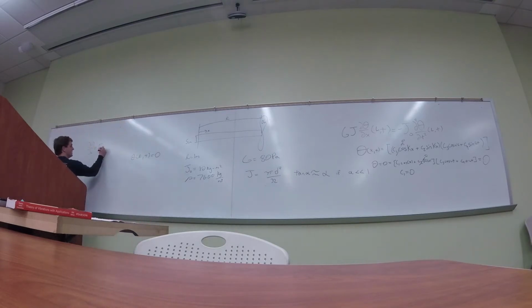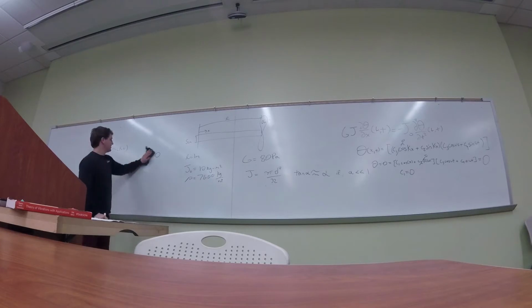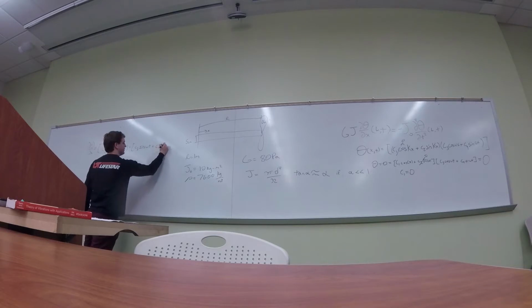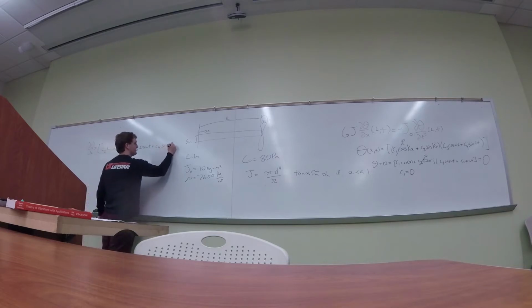So it's C2 k cosine of kx, which you have multiplied by, again, our C3 cosine omega t plus C4 sine omega t.